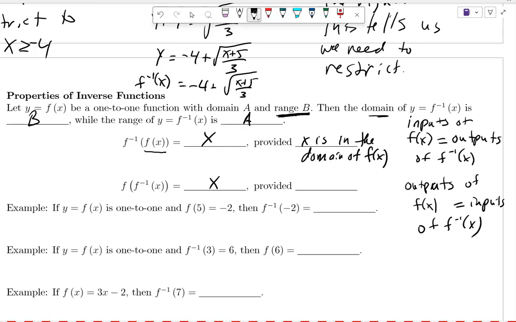Does that make sense? Okay. Where does this X go? Here in the second one. Yeah, in the domain of the inverse, which is the same thing as what for the original? The domain of the inverse is the same thing as the range. Good. So this is provided that X is in the range of the original. Good.